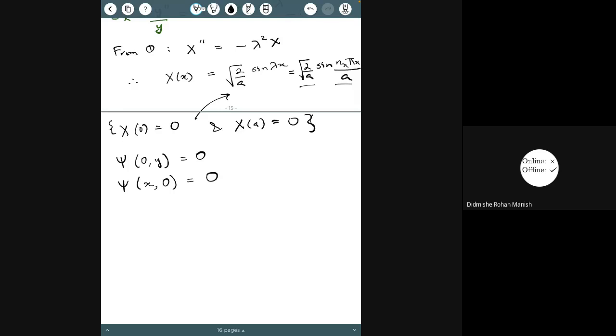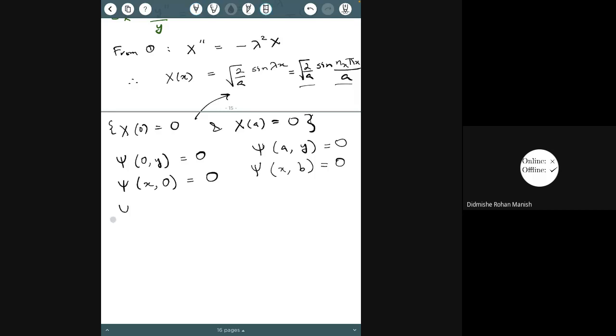Right? Similarly, if x is a, then for all y, this is 0. And if y is b, the same holds. So these are my true boundary conditions for the 2D problem.